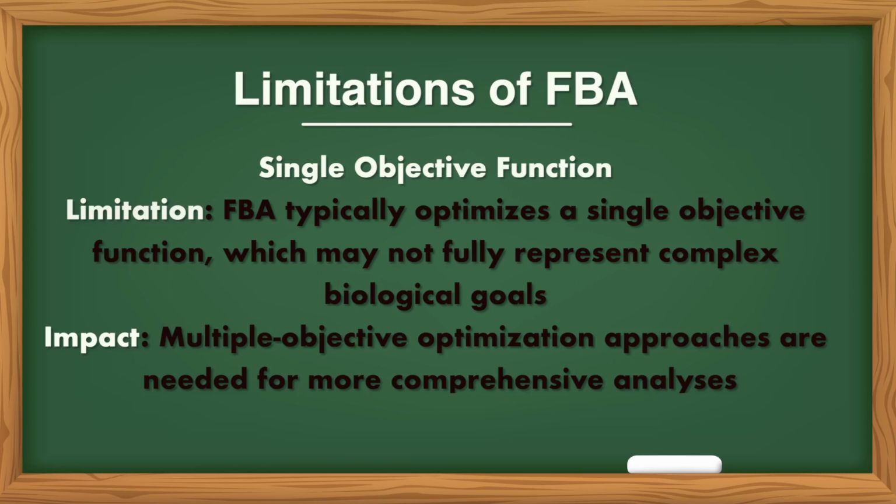So, we cannot optimize two or more objective functions simultaneously. This is indeed a big challenge in the case of FBA. The impact here is that multiple objective optimization approaches are needed for more comprehensive analysis, such as cancer cells analysis or complex microorganisms analysis.